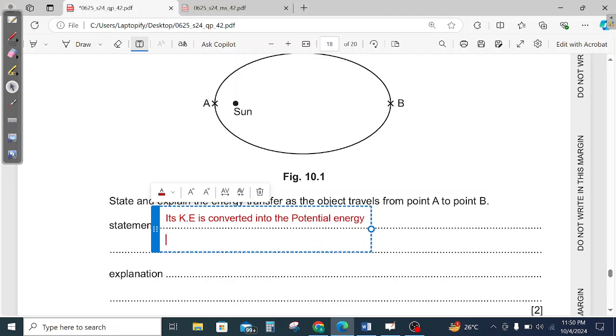Another thing you can say is that at point B it has maximum potential energy and lowest kinetic energy.